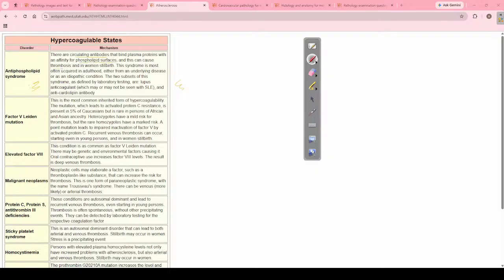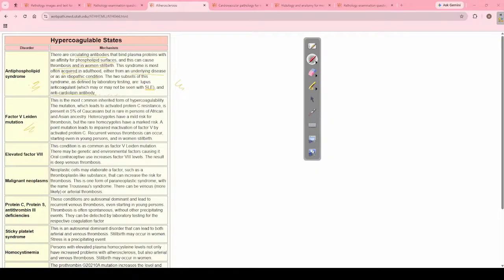They cause thrombosis in women and it also causes stillbirth. It is often acquired in nature from an underlying disease, or it can be an idiopathic condition. So mostly SLE, lupus anticoagulant and anticardiolipin antibody are most often implicated. Okay. Then we have factor 5 Leiden mutation.